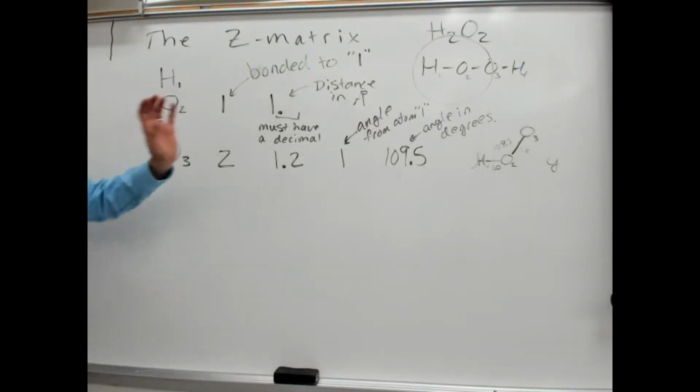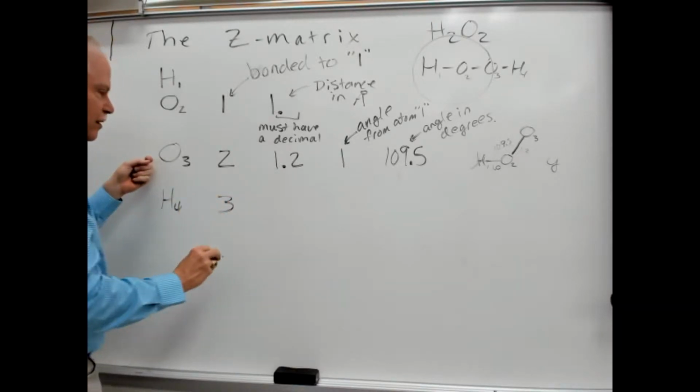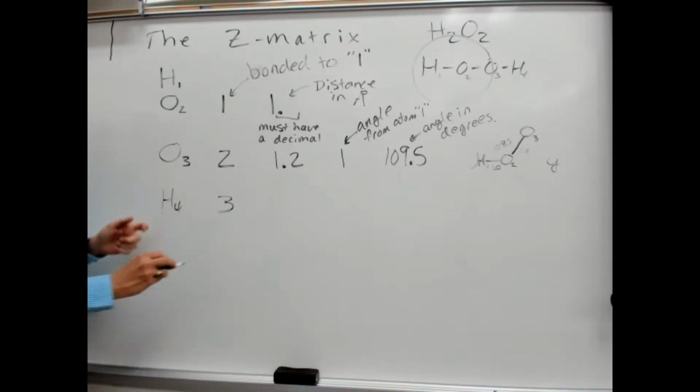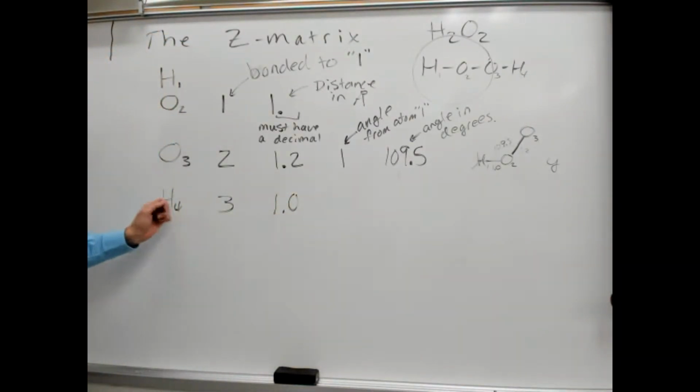Now we're doing the last hydrogen, hydrogen 4, bonded to atom 3. The OH distance is 1 angstrom in our case. Now we need to tell it an angle with something. So we have a choice. What angle are we going to use?